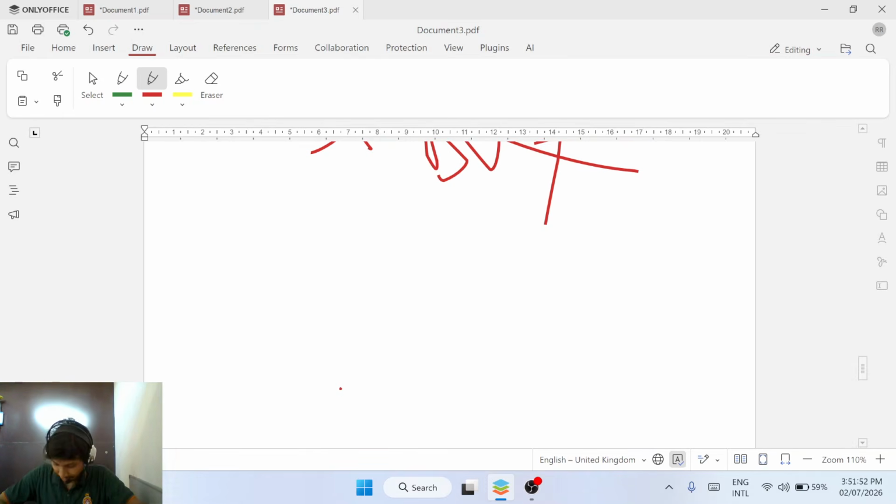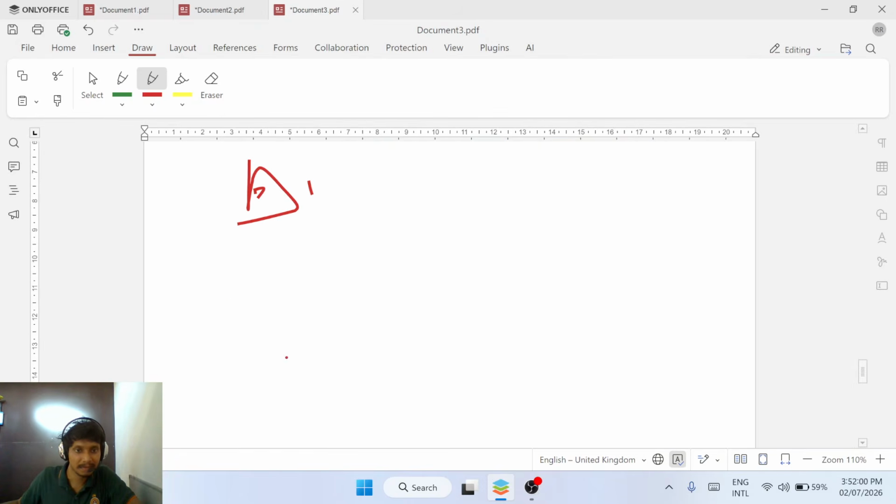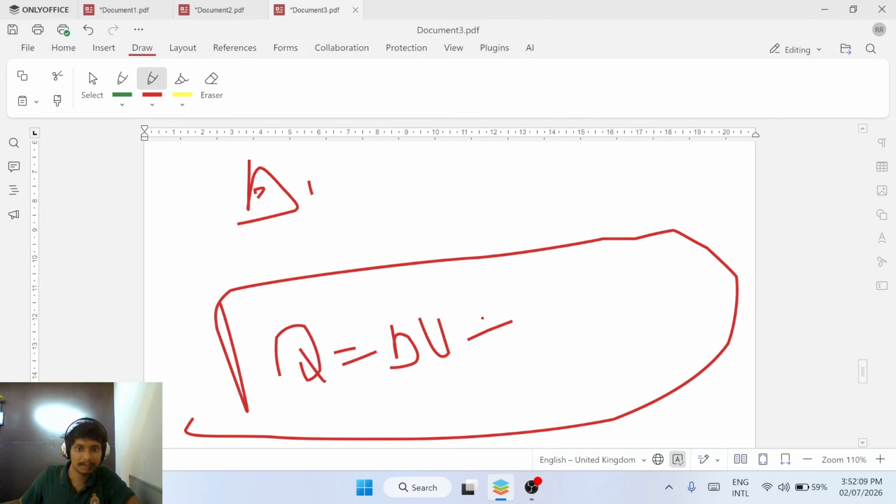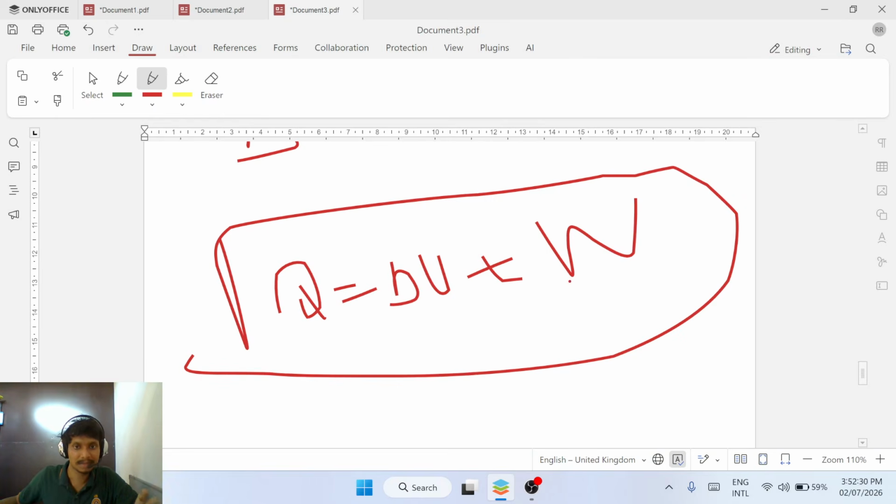We don't need to derive the non-flow energy equation. In the exam, they will not ask, please derive the non-flow energy equation Q is equal to delta U plus W. We derived the equation from theories, but there is no time to derive these equations in the exam. We just have to apply this equation.